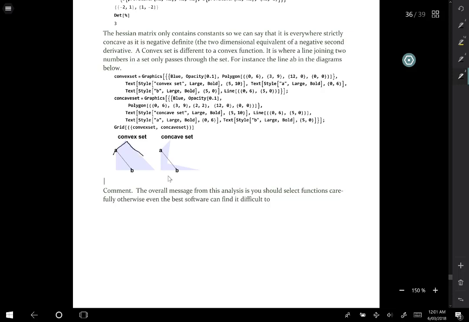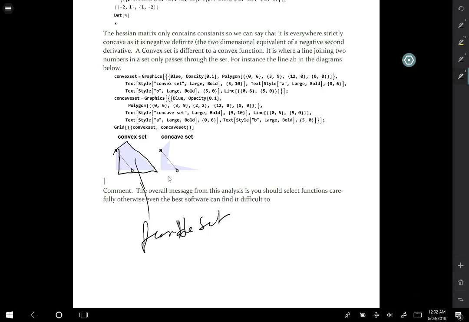you've got your constraints and they're forming a feasible set. So these are the values that you can choose. If you draw a line between the outside of this set in any direction, then the line always falls within the set.